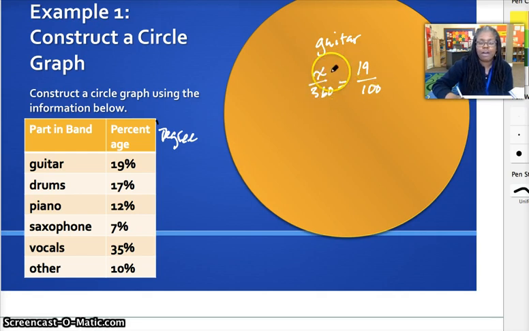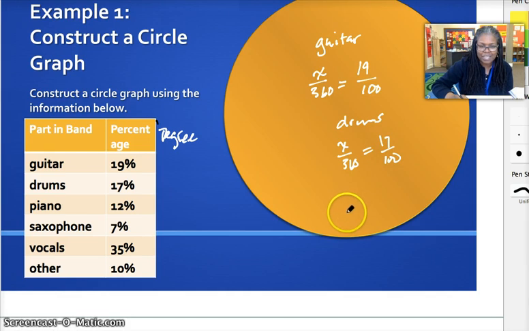We need to figure out how many degrees out of 360 will represent 19. So we're going to set up this proportion, do our cross canceling, and solve for x. We'll do the same thing for the drums, putting x over 360 and 17 out of 100. We'll do the same for the piano, the saxophone, vocals, and others.